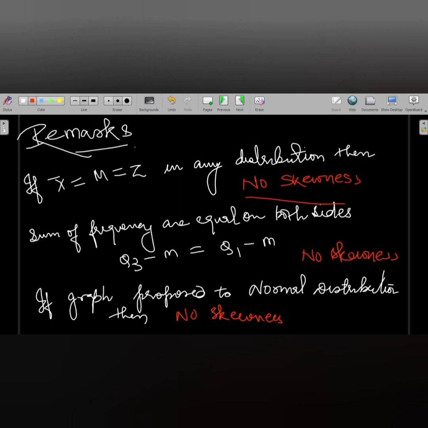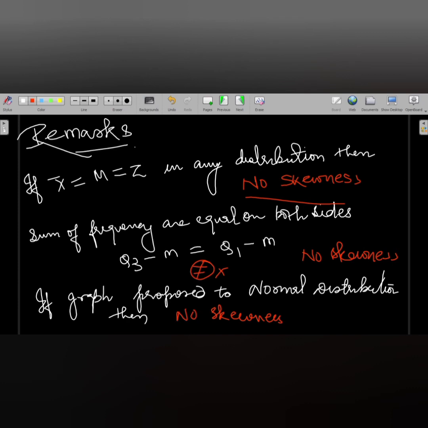If not equal, then skewness is present. If equal on both sides, then skewness is not present.